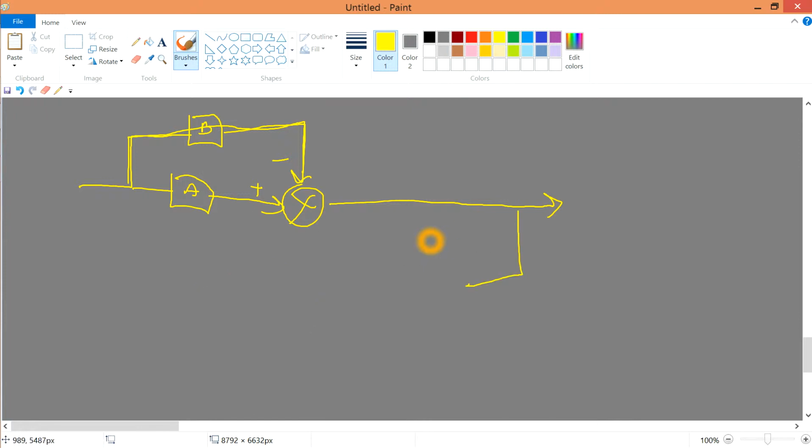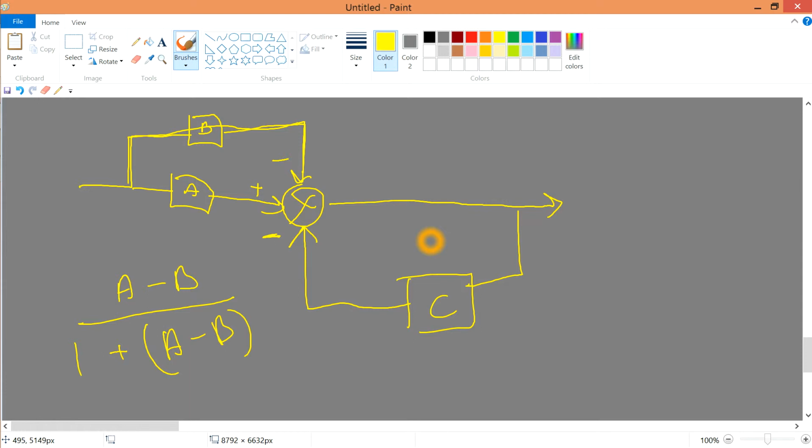What if I have C feedback with minus? Then simply the forward loop is just A minus B, which is what we have just said. And then 1, because this is minus now, we have the opposite sign, plus, A minus B, the whole thing, because this is our feedback, C, and that's it.